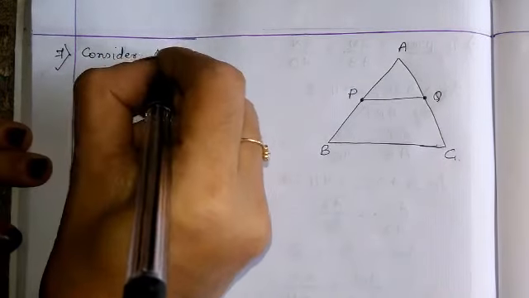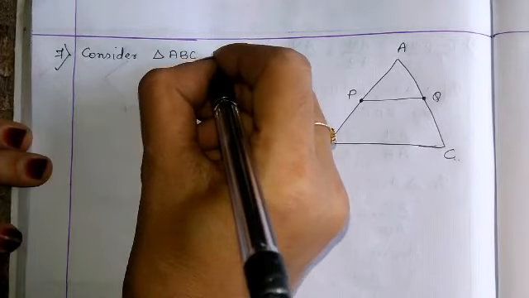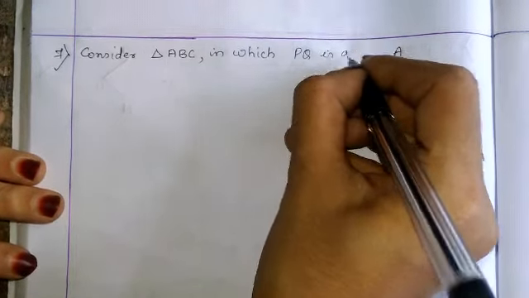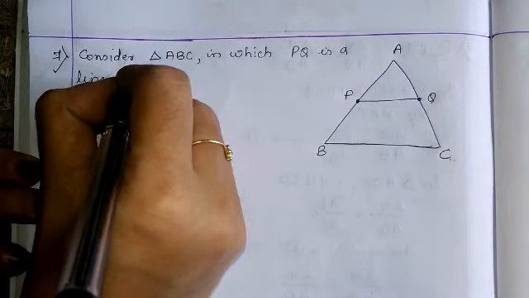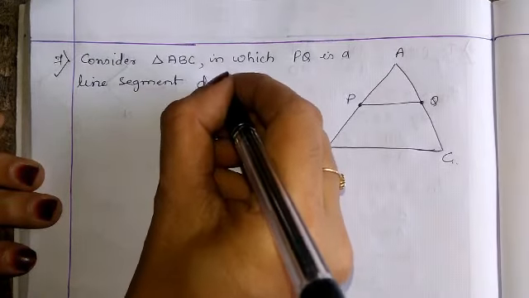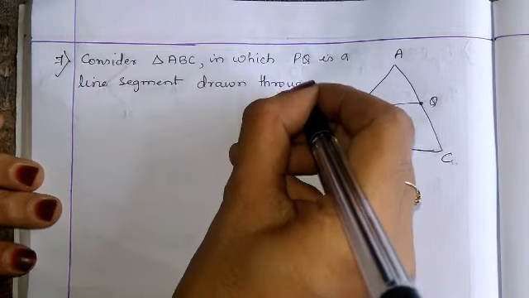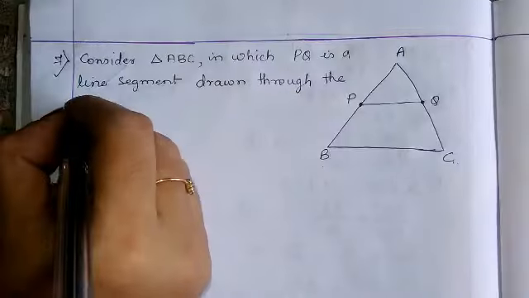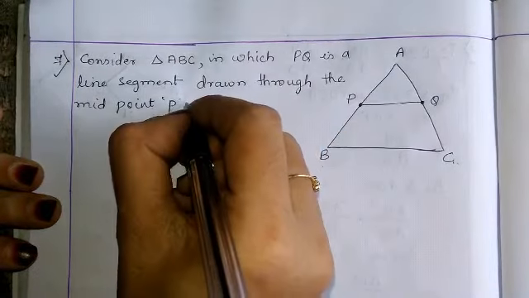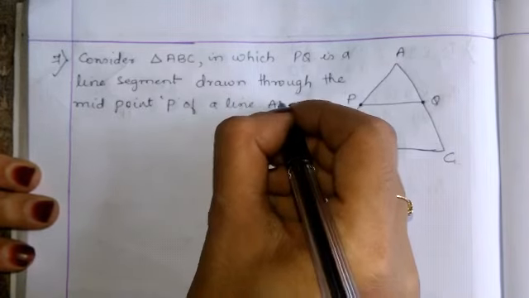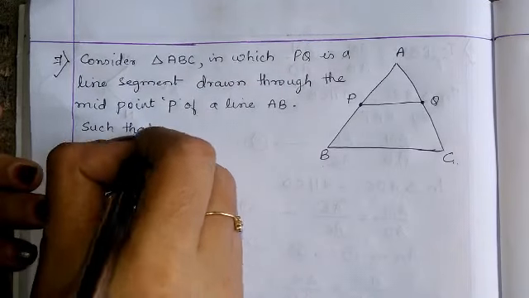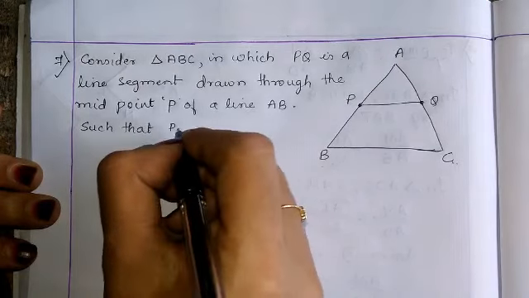Consider triangle ABC in which PQ is a line segment drawn through the midpoint P of the line AB, such that PQ is parallel to BC.